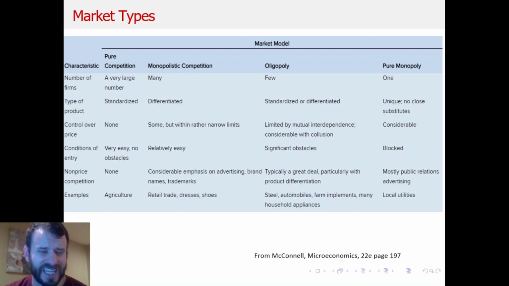Oligopoly is, in my opinion, the murkiest, because there's so few firms. How they compete is very, very weird. So it could be that they're competing in price. It could be that they're competing in quantity. It could be that they're colluding and not competing at all.